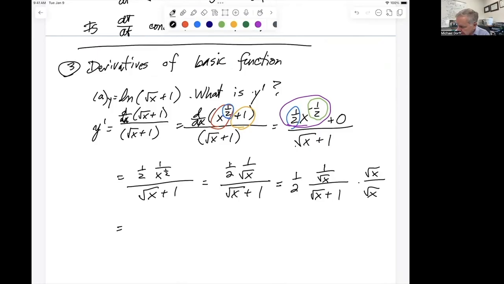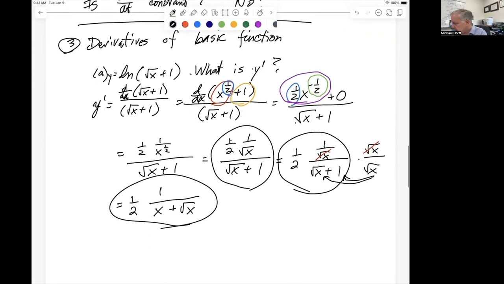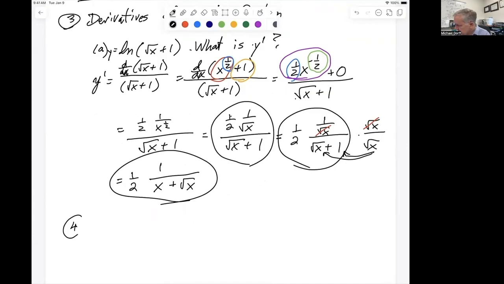Why would I want to do that in the top? Well, in the top, then this and this are going to cancel out, and I would just get a 1. So I have my 1/2 out front, and then the numerator becomes 1. And in the bottom, the denominator, the square root of x times square root of x gives me x, and the square root of x plus 1 would give me this. So all those answers, this one's right, this one's right, this one's right, but any of them could be written there.